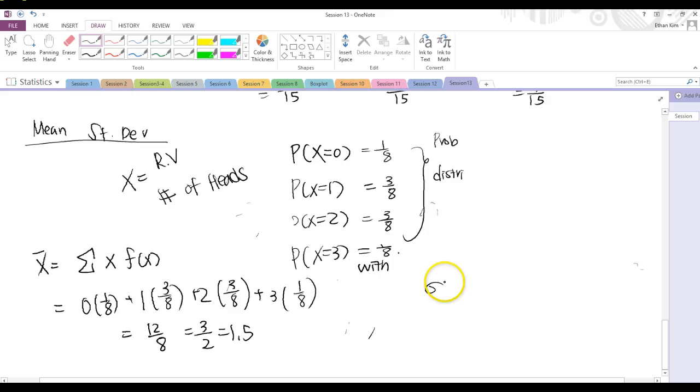Variance, or just write it down as s squared, is the summation of x squared times frequency minus x bar squared. Something to note is that when we are talking about x bar, or the mean, we call this the expected value.